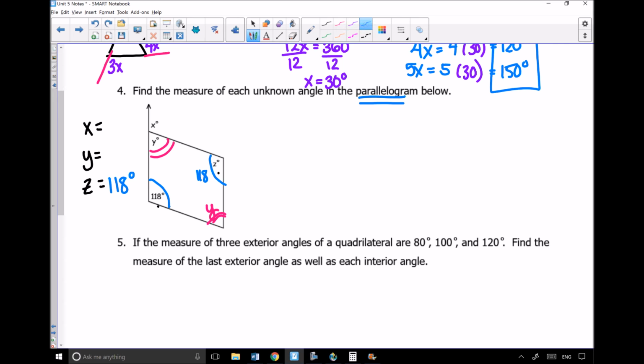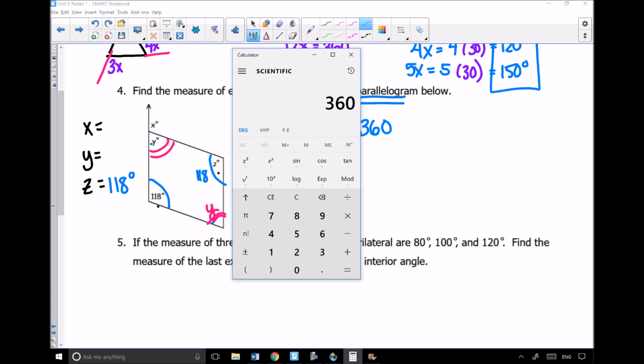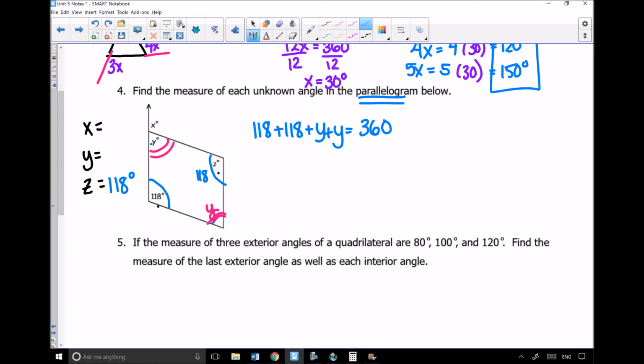So how do I write this as an equation? Well, I can say 118 degrees plus another 118 degrees plus this y right here plus this y right here is going to equal 360 because I know the angles inside of a parallelogram always add up to 360. Well, 118 plus 118 gives me 236.